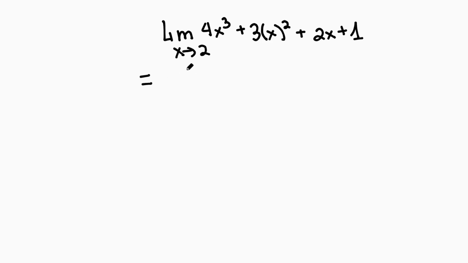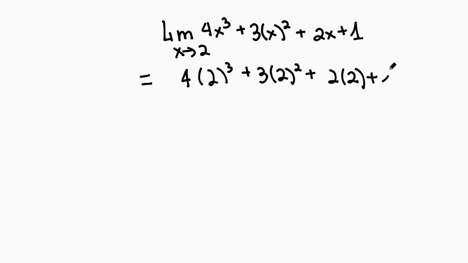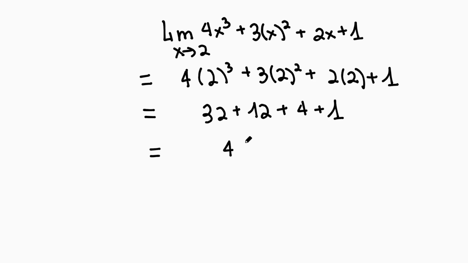It's going to be 4 times 2 cubed plus 3 times 2 squared plus 2 times 2 and then plus 1. And it's going to be 32 plus 12 and then plus 4 and plus 1. With simple calculation, it is just going to be equal to 49.